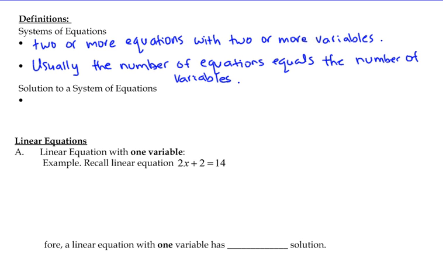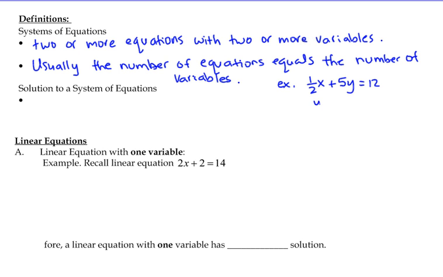So if we have 2 equations, we're going to have 2 variables. Usually 3 equations, 3 variables. Now we're only going to deal with 2 equations with 2 variables because we're dealing with linear systems. And linear systems are mostly x and y, right? Degree 1, x and y. So an example of a system of equations would be like this. 1/2 x plus 5y equals 12.